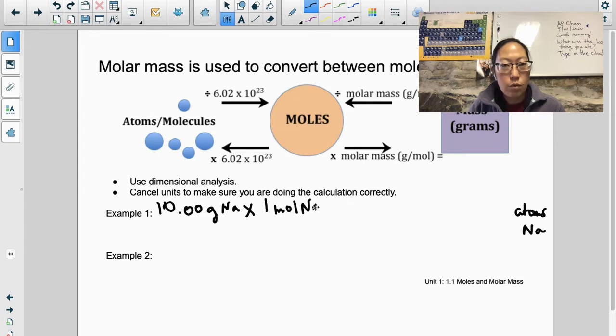So we're going to say 1 mole of Na is 22.99 grams. So that cancels that out. And then to change moles to molecules, or in this case, atoms, because we have sodium, multiply by Avogadro's number. Trying to be good with my sig figs here.